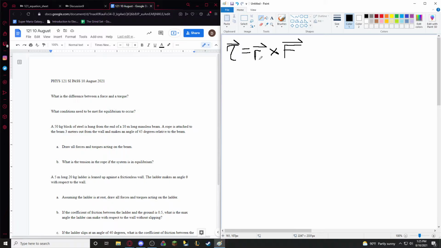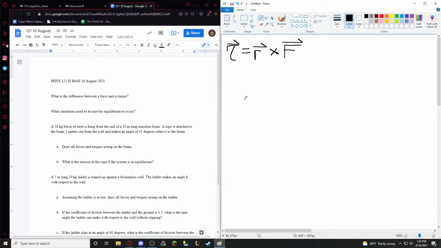What direction is the cross product relative to the other two vectors? Is it like a 45-degree angle? Not a 45 degree. Perpendicular? Perpendicular. The torque is always perpendicular to both R and F.